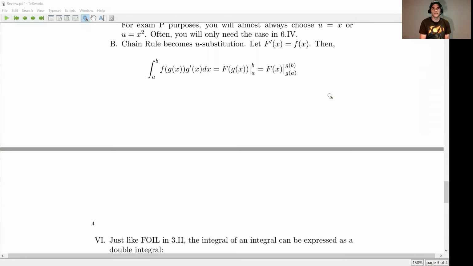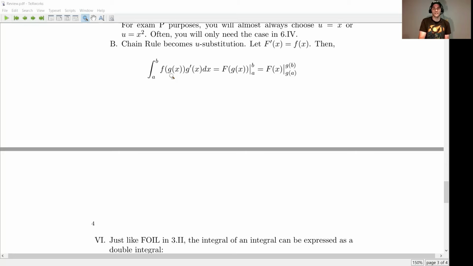The chain rule will become what's known as U substitution. And so we're going to use that capital F is the antiderivative of little f. And the chain rule says basically this. When you implement the chain rule, you're going to want to decide what f is first, and then you have some inside function g.